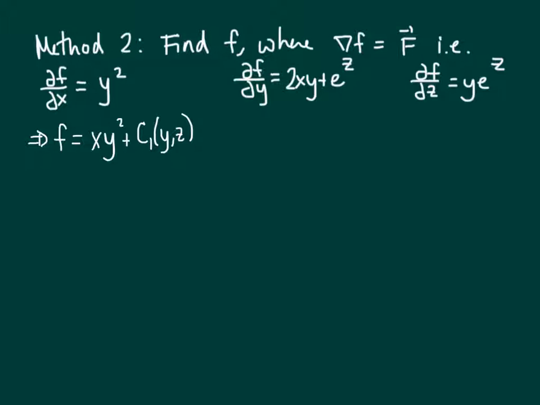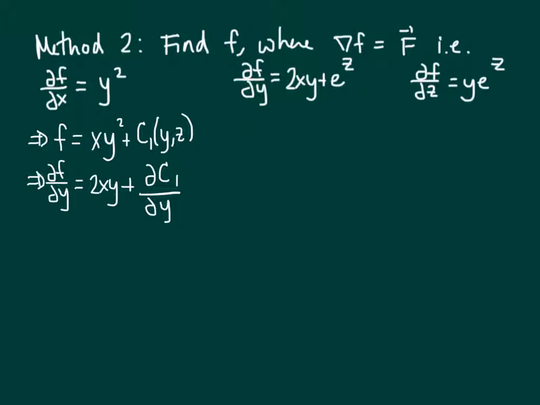Okay, now I'm going to take the derivative of this, what I got above here, with respect to y now. So the partial derivative of this with respect to y is going to have to be 2xy plus the partial derivative of c1 with respect to y.